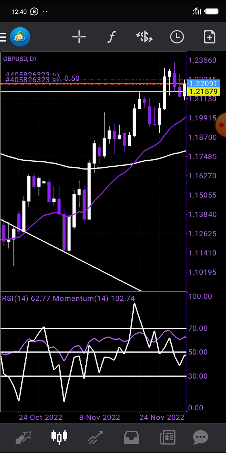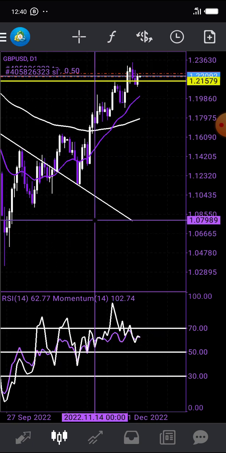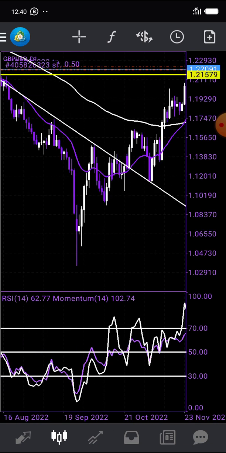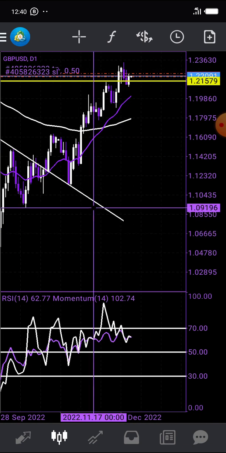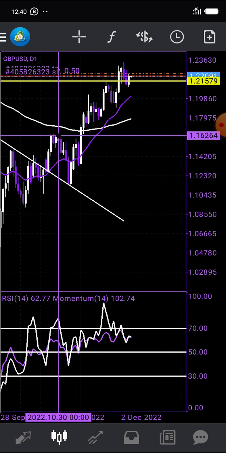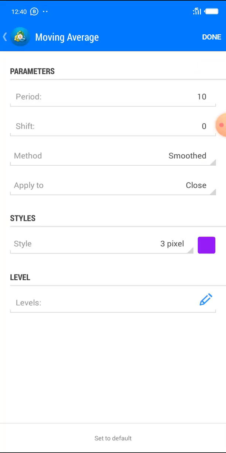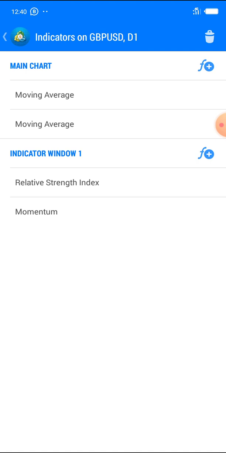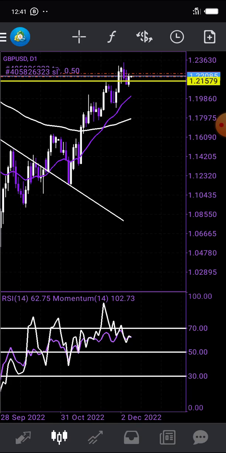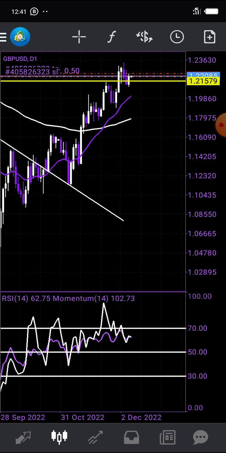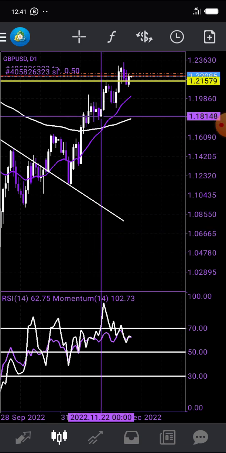For the past few days I see a nice trend forming like this, right after the breakout from this point and retesting it, and price is continuing in the uptrend, whereby my 10 moving average, the purple one, to be sure I don't mislead, is crossing over my 50 moving average. The 50 is the white. So this is a crossover.